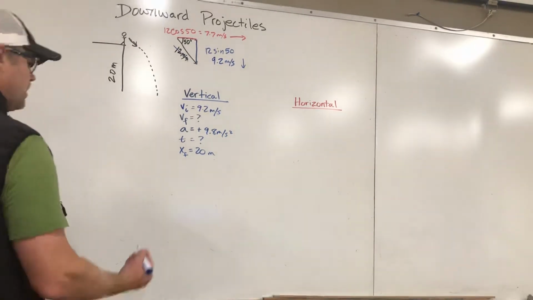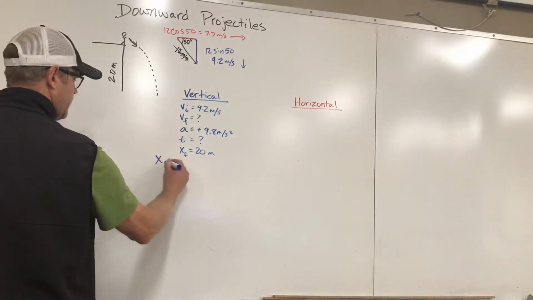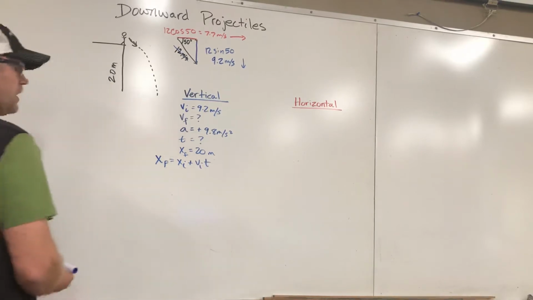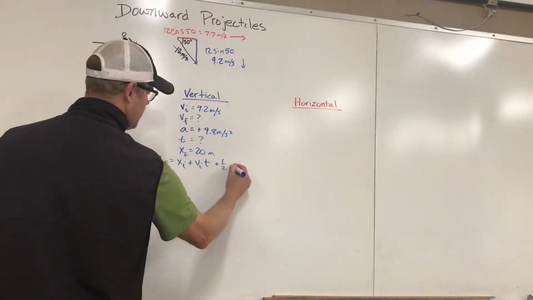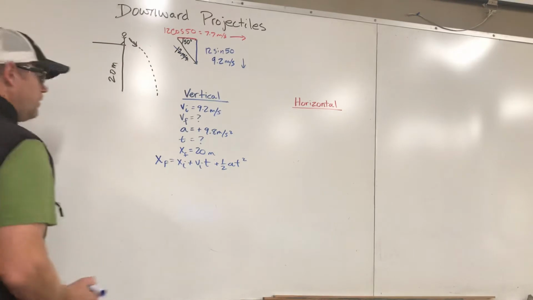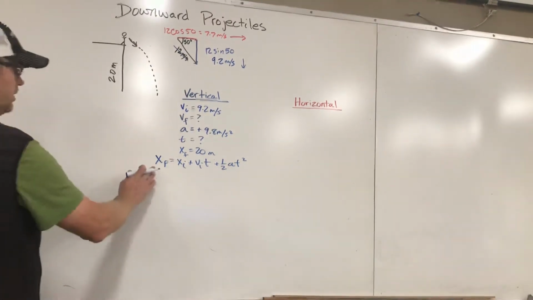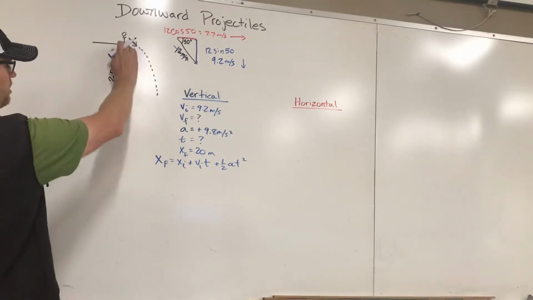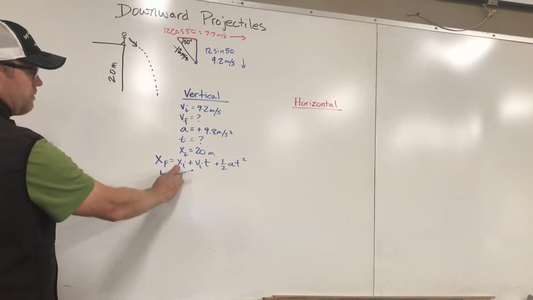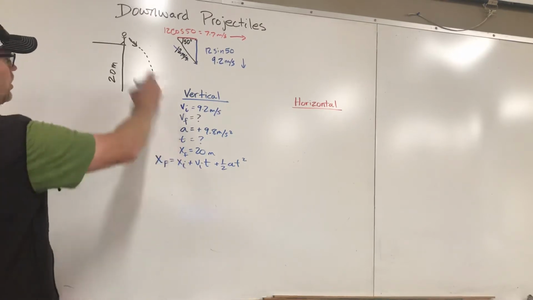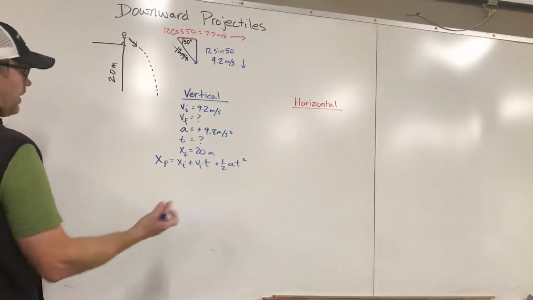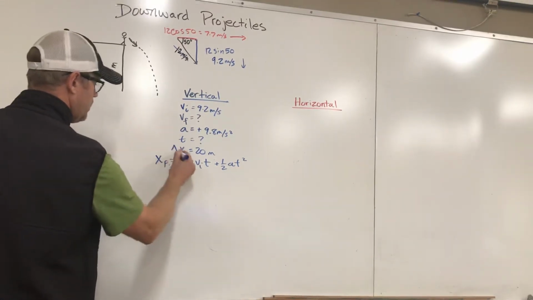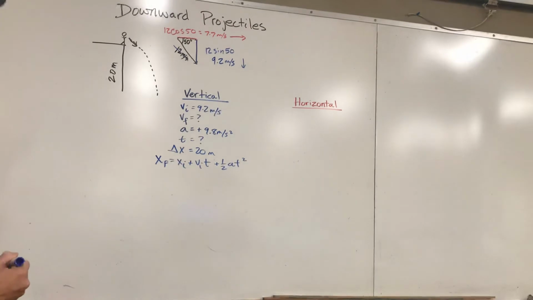So I'm going to start with the one that a lot of people avoid. X final equals X initial plus initial velocity times time, plus 1/2 A T squared. If I think that my original starting position was 20 meters, then this right here would end up being 0. However, that means it's also going in a negative direction. So if I want to turn this into all positive numbers, I'm just going to think of my total change in displacement as 20 meters.